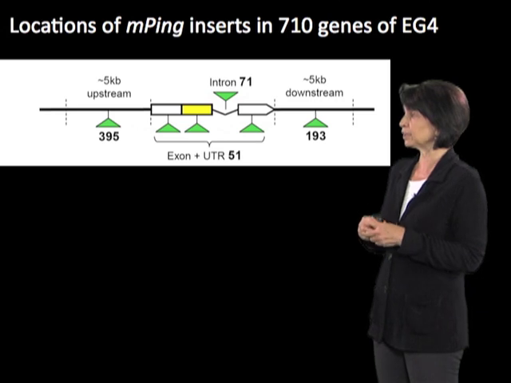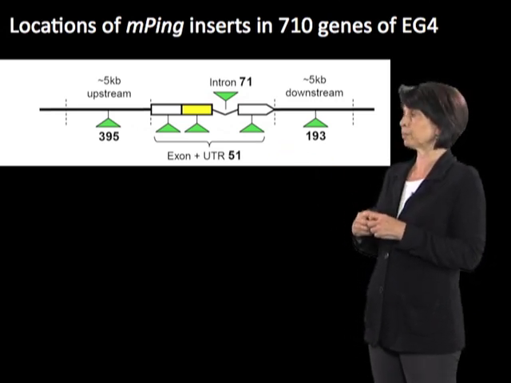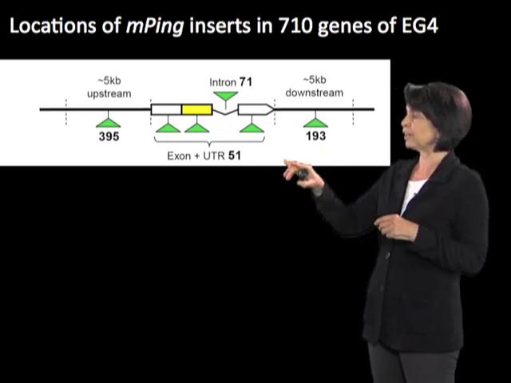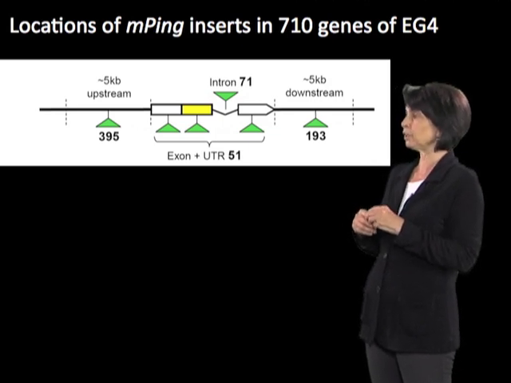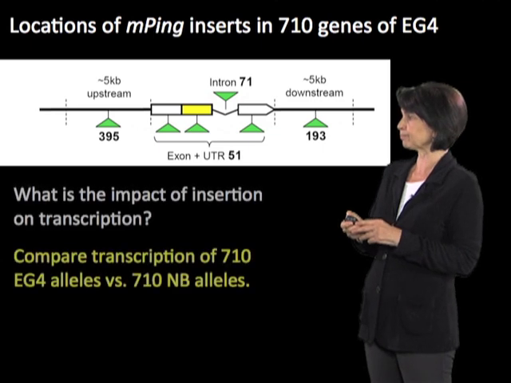Of those 710 genes, almost 400 have insertions within the 5' promoter region, 120 or so have insertions within the gene, and 193 have insertions downstream of the gene.